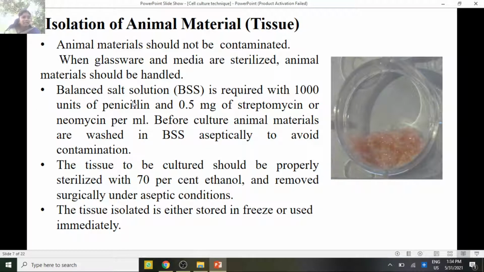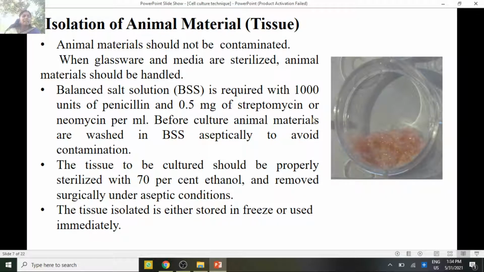The balanced salt solution, called BSS, is required with 1000 units of penicillin as an antibiotic which avoids the growth of microorganisms, and 0.5 milligrams streptomycin or neomycin per ml before the culture of animal materials.